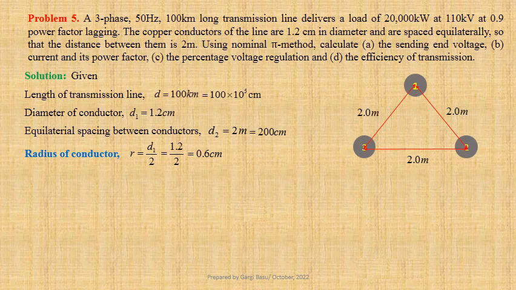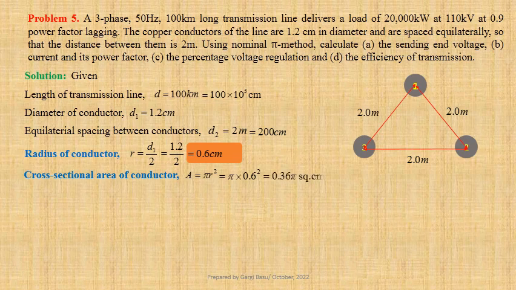Let us calculate cross-sectional area of the conductor. A equals pi r square, that is pi into 0.6 square, that gives us 0.36 times pi square centimeter.